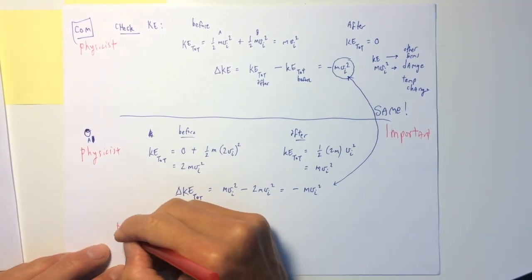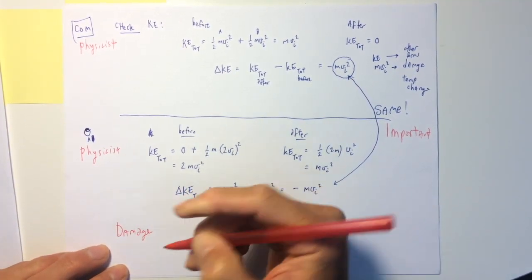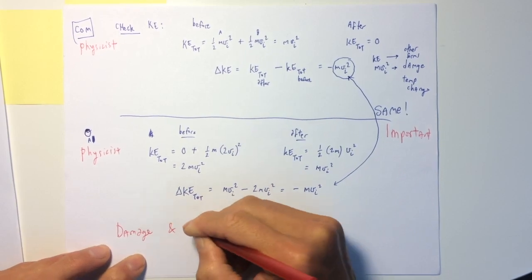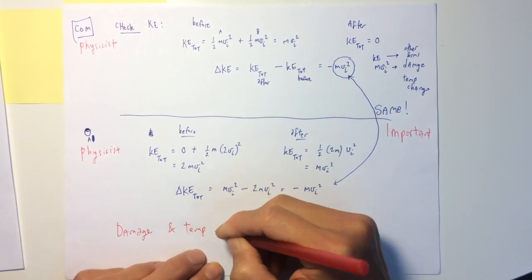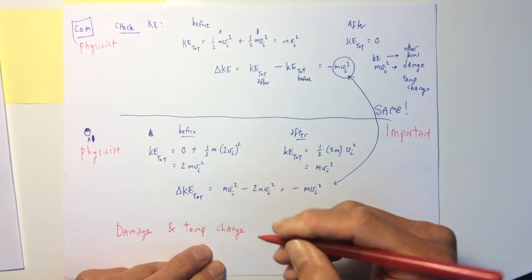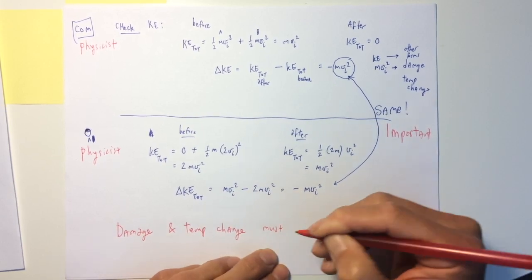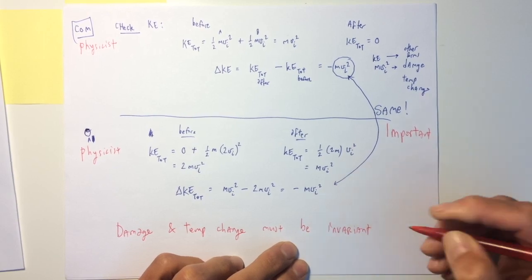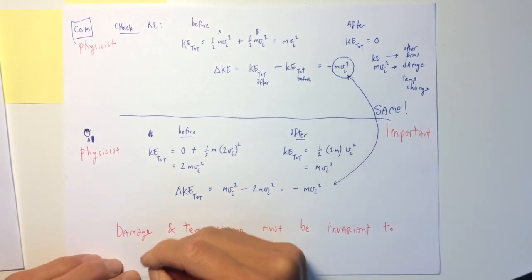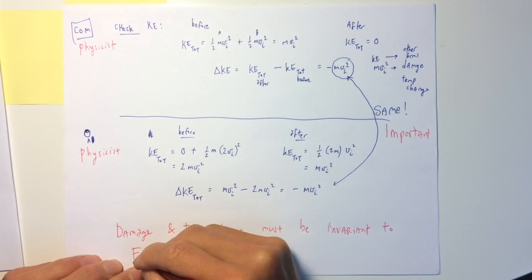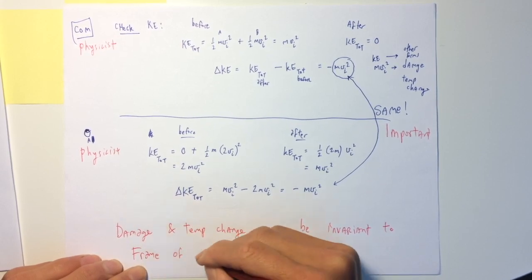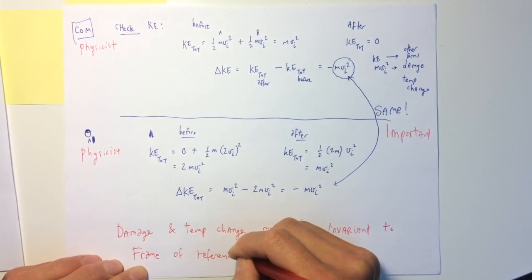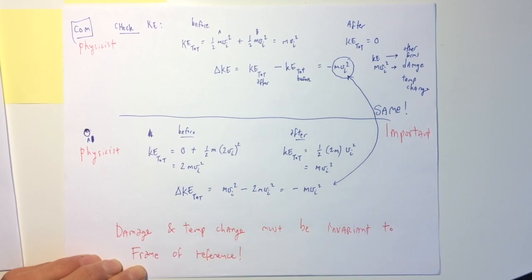So damage and temperature change must be invariant to frame of reference, right? So these are very basic physics things.